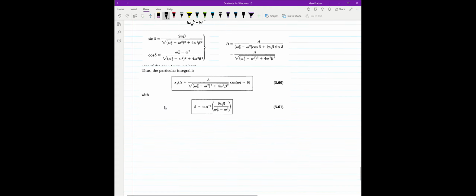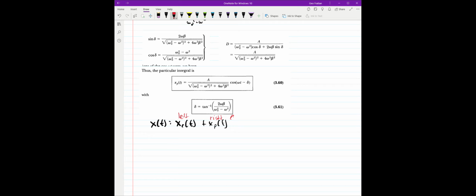So the general solution, that's why we have the complementary and particular, is x of t equal to x complementary of t plus x particular of t. The left side is our homogeneous differential equation, a second order differential equation. Homogeneous just means it can be written as equal to 0.